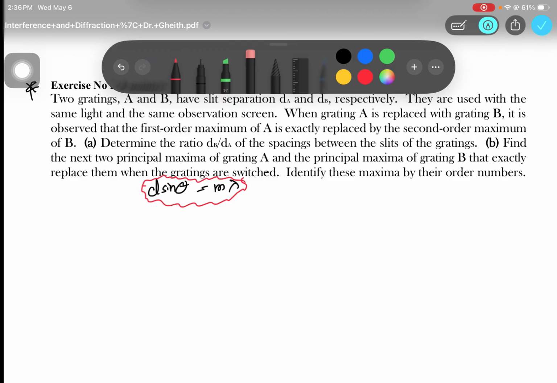After that, we're going to write d_A sine theta_A, because we have A and B. We have to separate A and B, so it is m_A lambda_A. And d_B sine theta_B is m_B lambda_B.